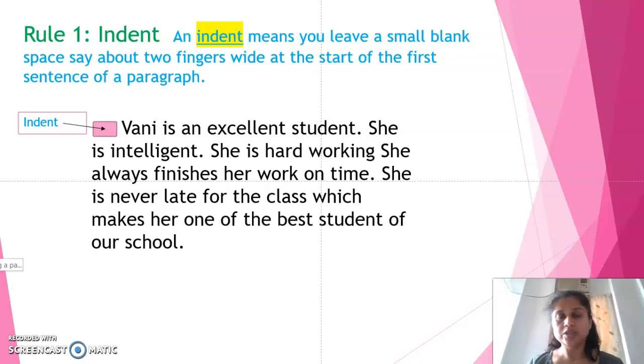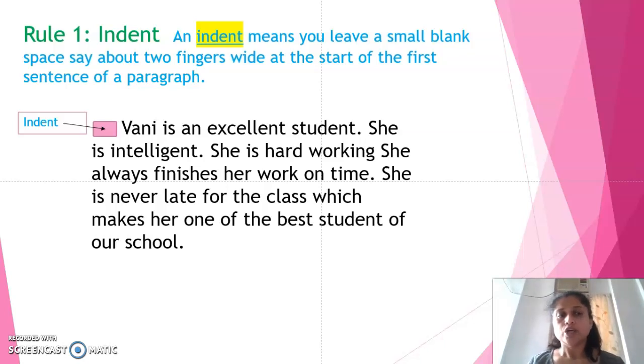This portion, which is the width of at least 2 fingers, is left before starting the first sentence of your paragraph. This is called indent. In a paragraph, only the first line will have an indent. Remaining lines will not have any indent.